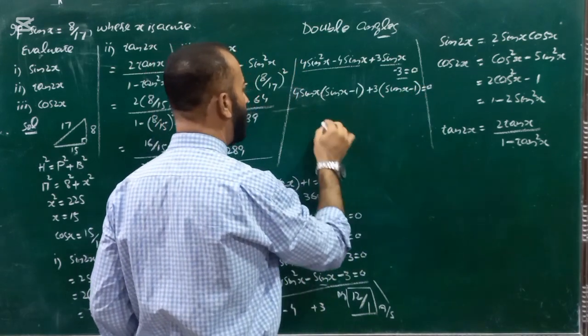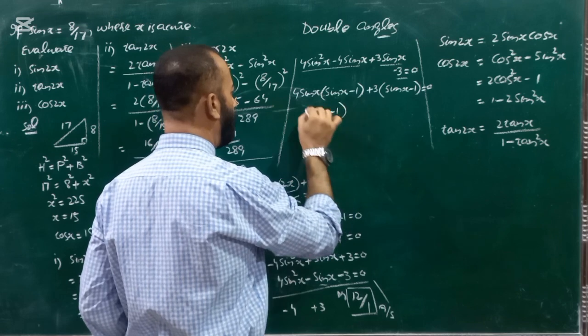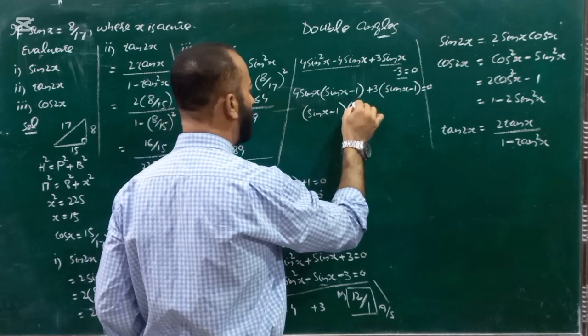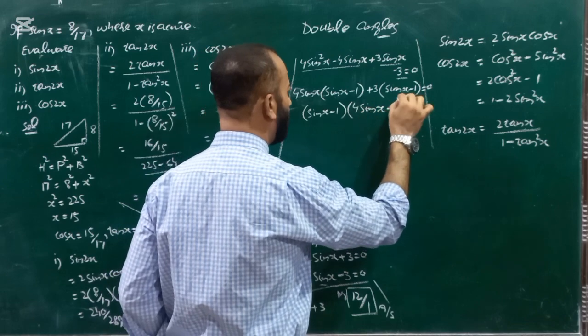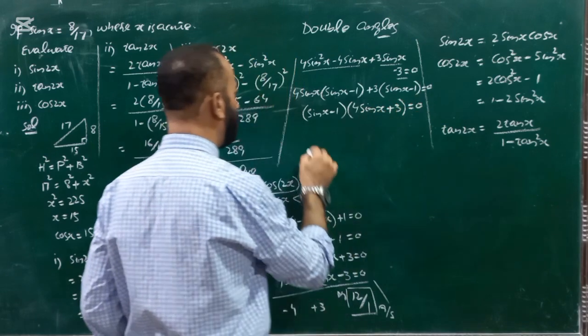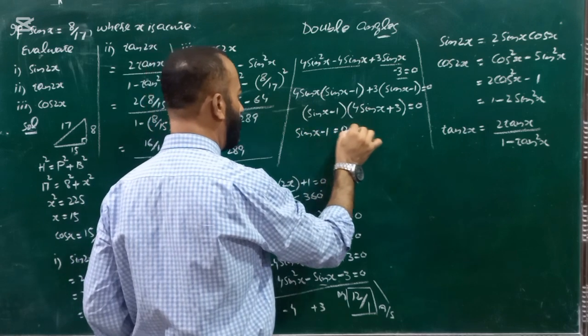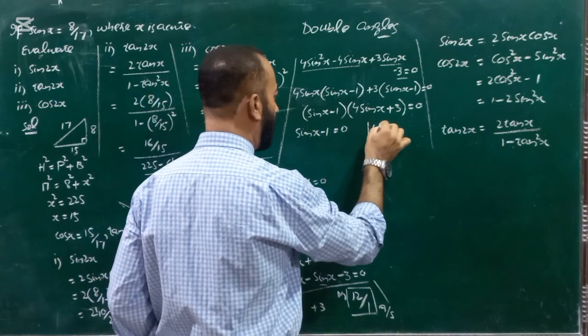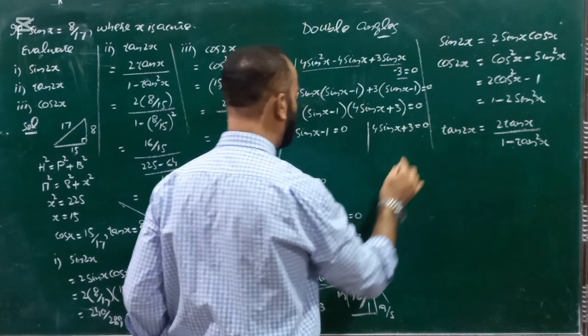The bracket which is same will be written once, and the values outside the bracket will be written in the second bracket. Equal to 0 is still there. From here, sin x minus 1 will be equal to 0, and 4 sin x plus 3 equal to 0.